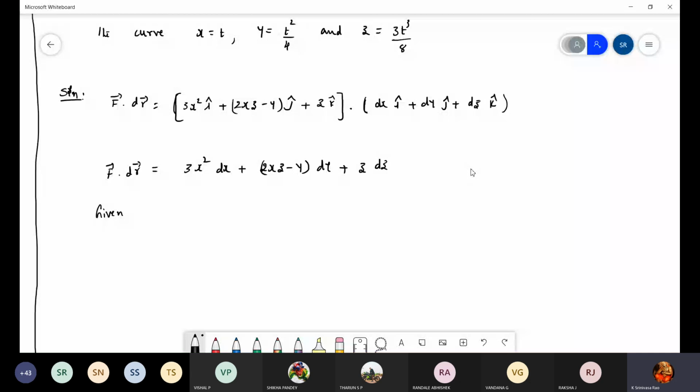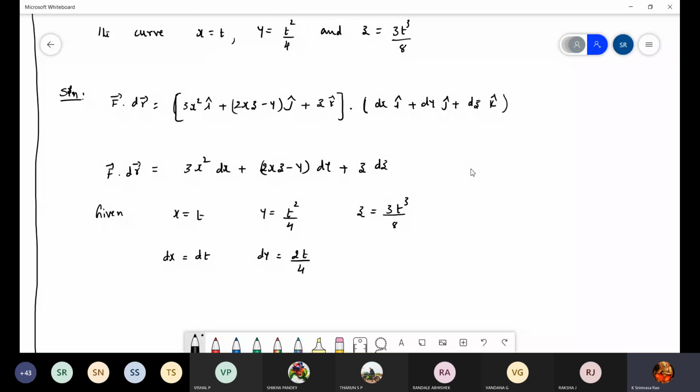Given x equals t, y equals t square by 4, and z equals 3t cube by 8. Okay, so dx is dt, dy is 2t by 4, you can cancel that 2 and 4.